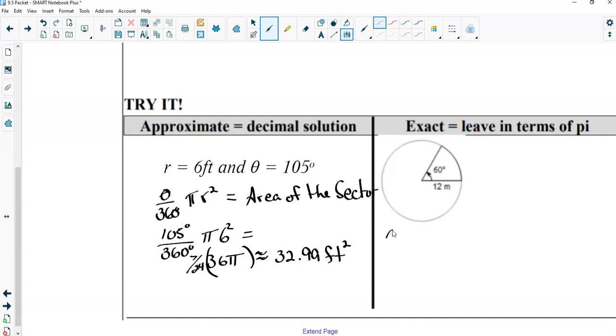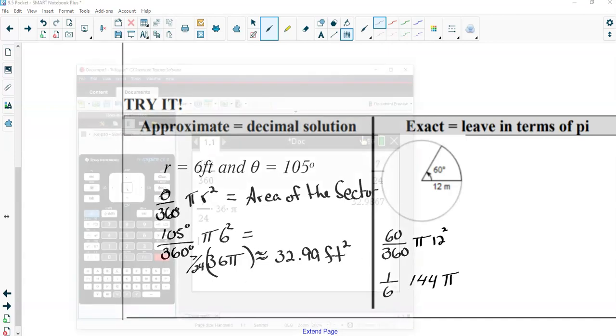So that would be 60 divided by 360 times pi r squared, which is pi, and the radius is 12 meters squared. So that would be 1/6 of 144 pi. In other words, 144 divided by 6.